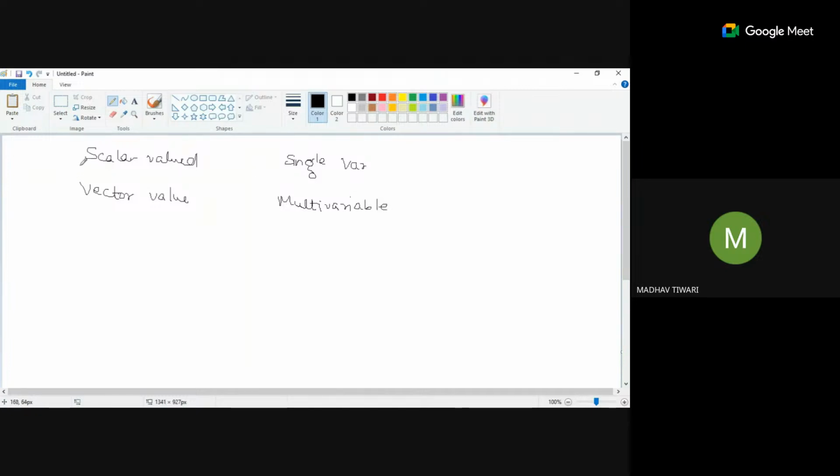Scalar valued are those whose codomain space is in R, one dimension. Vector valued are those whose codomain space is in R^m, where m is greater than 1. Next is variable. If your domain is in R, it is single variable, and if your domain is in R^n, where n is greater than 1, it is multivariable. That's all.